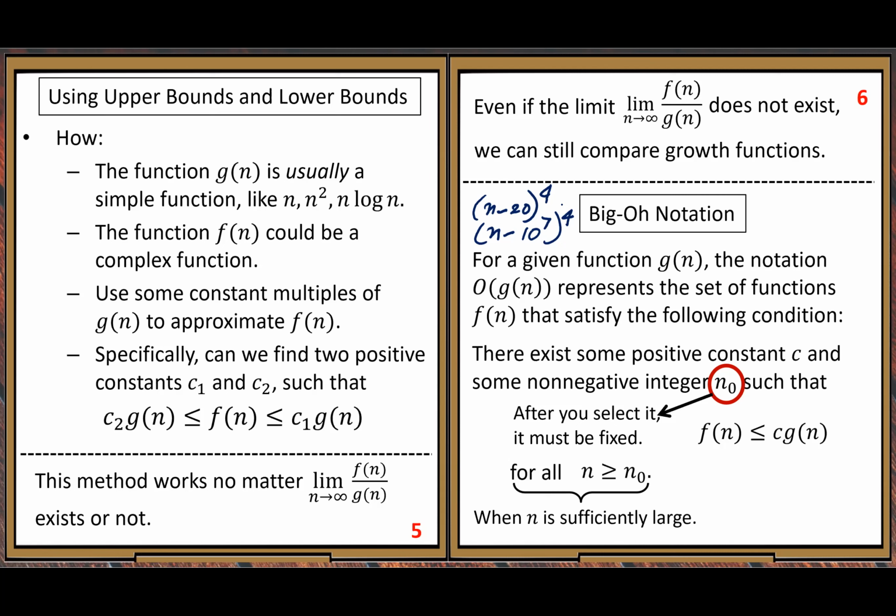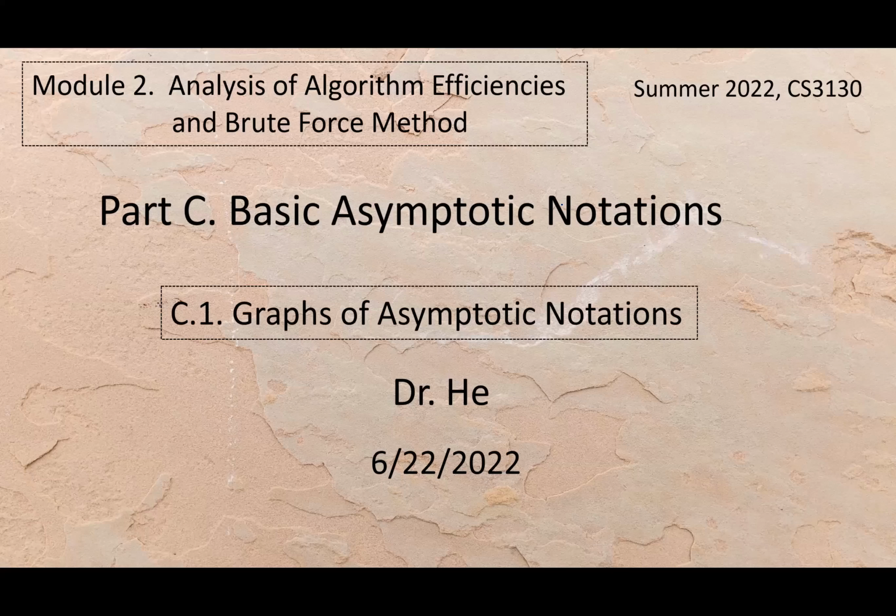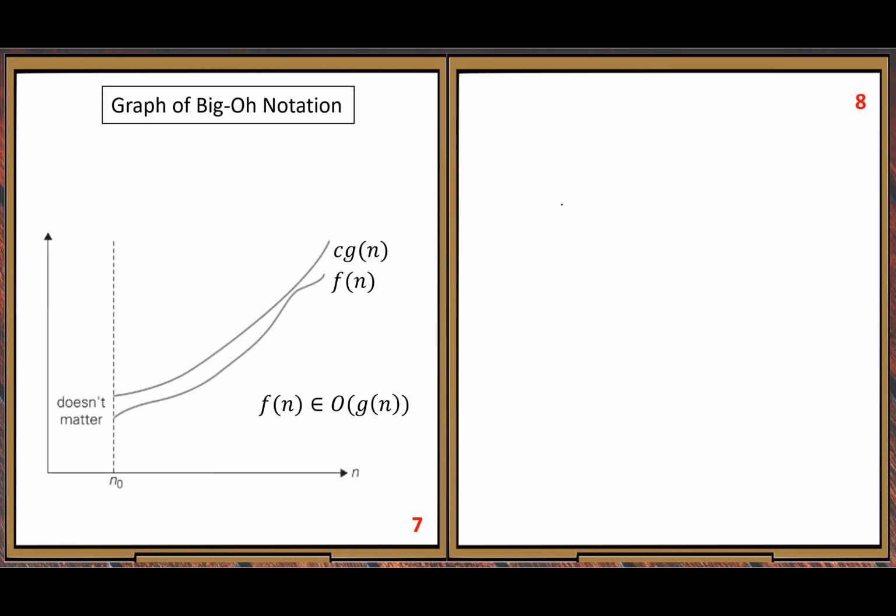Next, our next topic, graphs of asymptotic notations. In order to understand asymptotic notations visually, let us use graphs. First, look at a graph of big O notation.